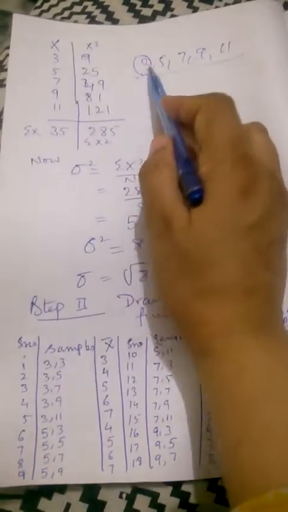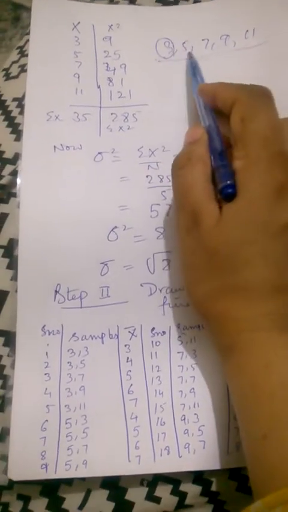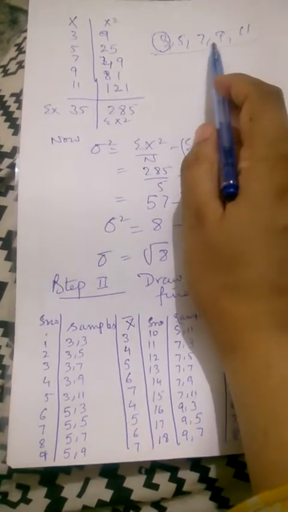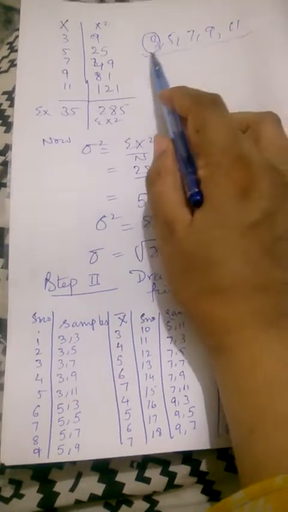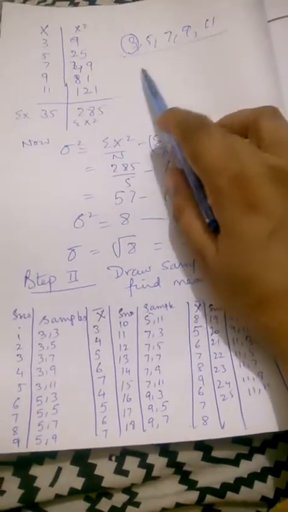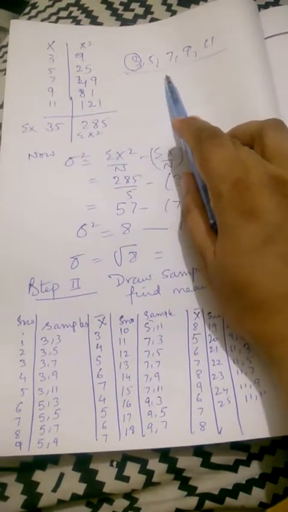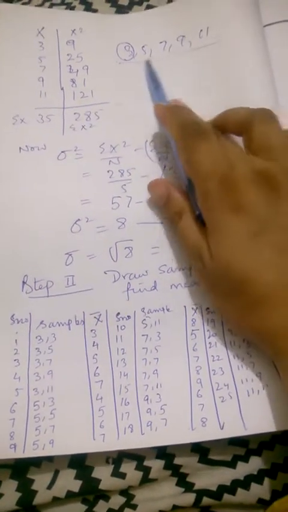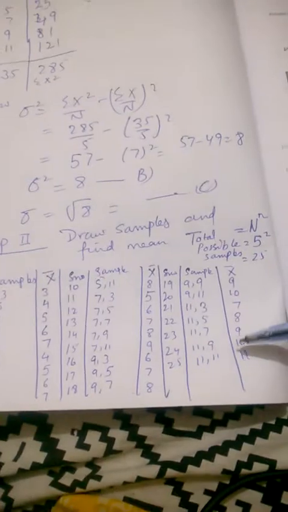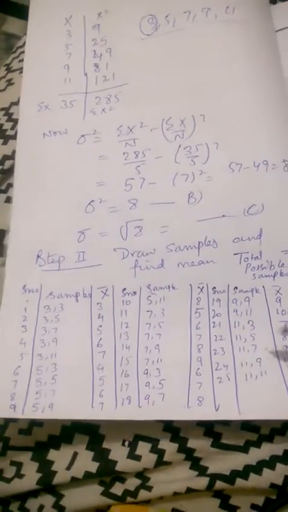Again, after 3, we will take 5, 5 with 3, 5 with 5, 5 with 7, 9, 11. In the same way, 7 with 3, 7 with 5, 7 with 9, and 7 with 11. And we will take all the numbers and assign them, and you will have your 25 samples.